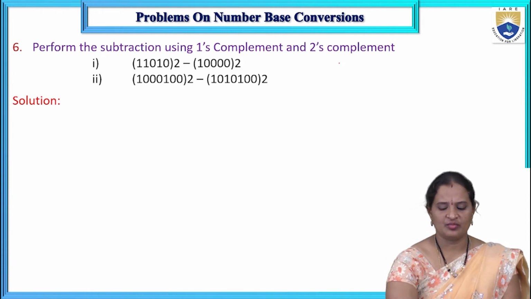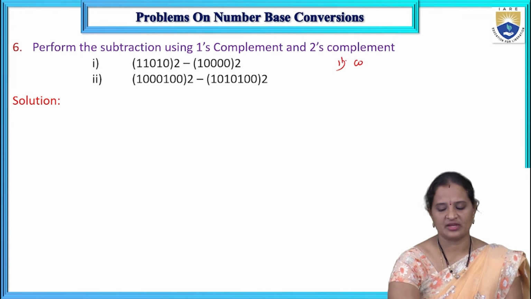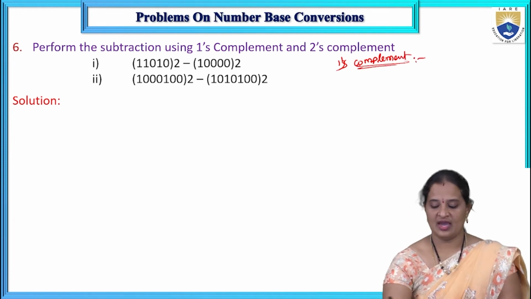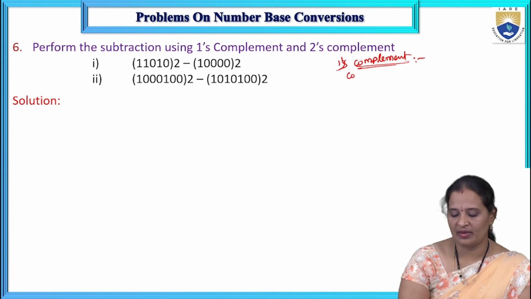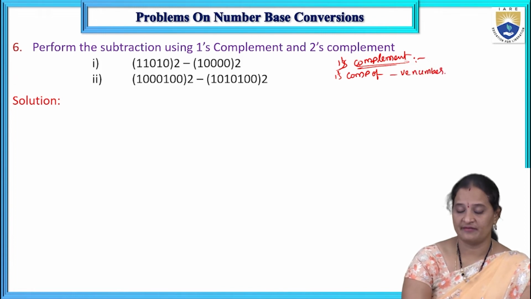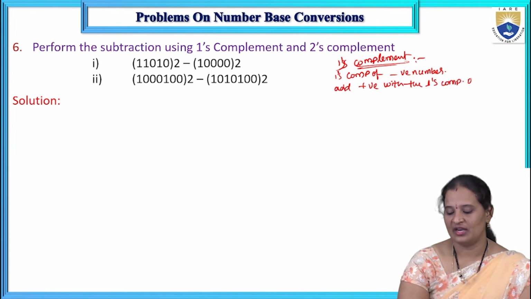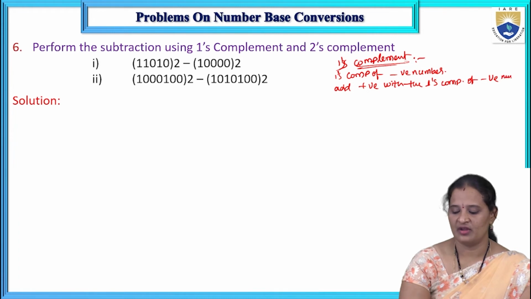So what is the procedure for 1's complement subtraction? First, we have to find the 1's complement of the negative number. After that, add the positive number with the 1's complement of the negative number.